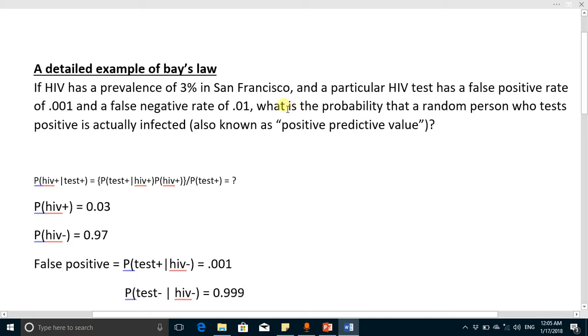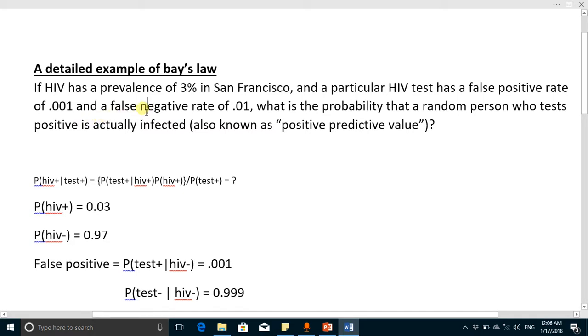And next, he says the probability of false negative, meaning the report is negative but the report is false. So actually the person does have HIV infection, but the report is negative.